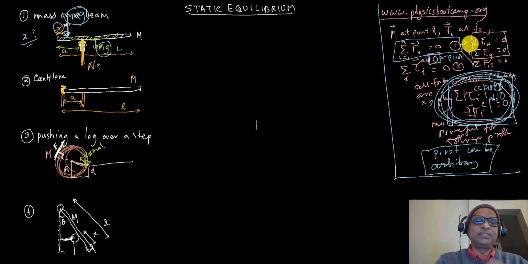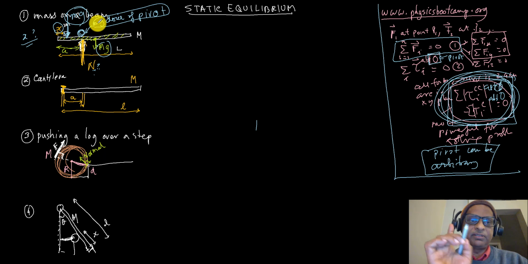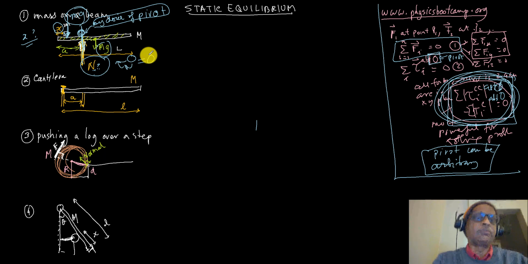I want to show you that you don't need it, because I can pick this as a pivot. This is my choice of pivot, the most important part, that I can choose the pivot. If I pivot here, then this force is going through the pivot, so its torque about this O will be 0. That's why I don't need to know the normal force. That's the reason I'm picking the pivot there.